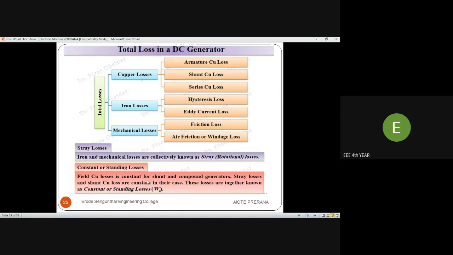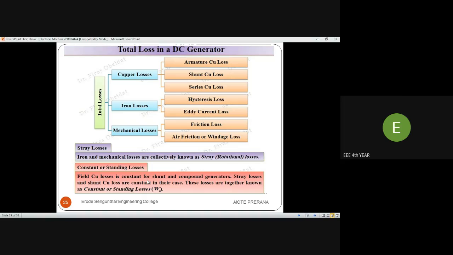Now the theoretical part: the total losses in a DC generator. The total losses consist of copper losses, iron losses, and mechanical losses. The copper losses depend upon the current, iron losses depend upon the voltage, and mechanical losses are the rotational losses. The copper losses again consist of three types: armature copper losses, shunt copper losses, and series copper losses. In a DC shunt generator, only shunt copper losses and armature copper losses are there.